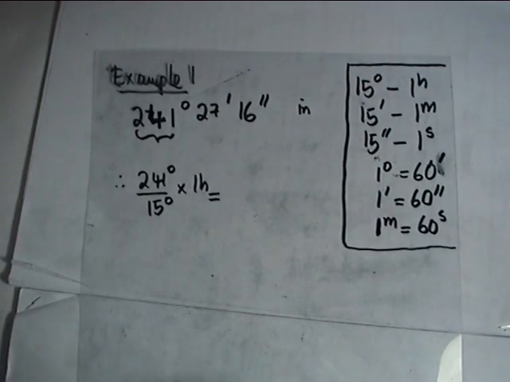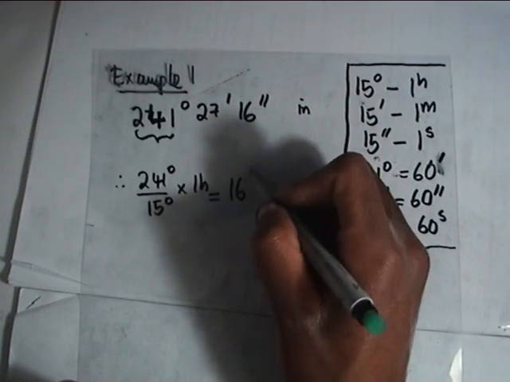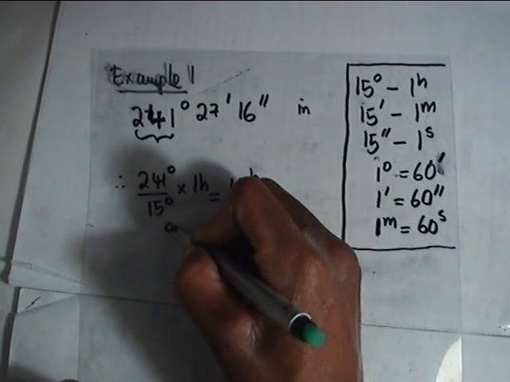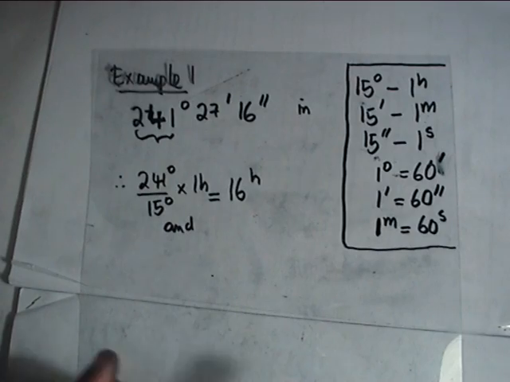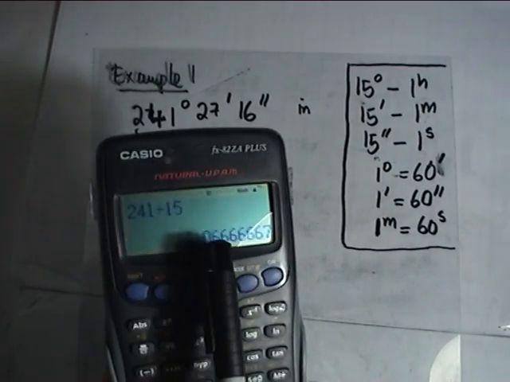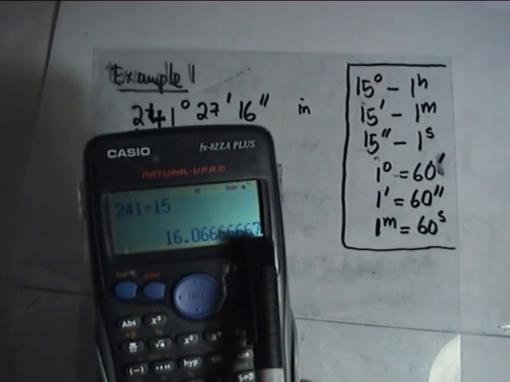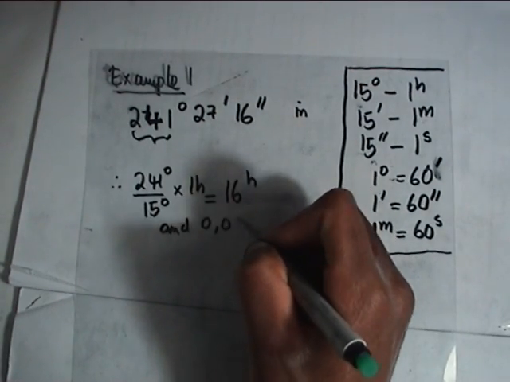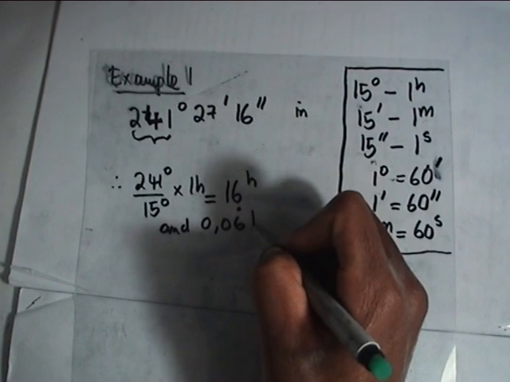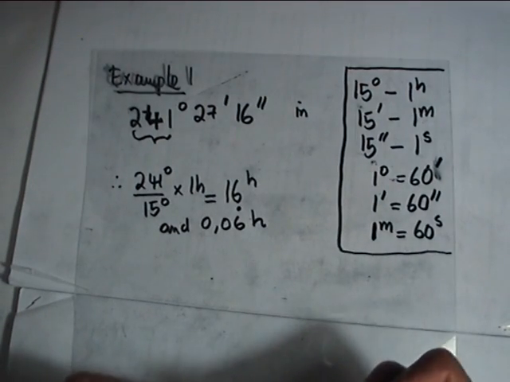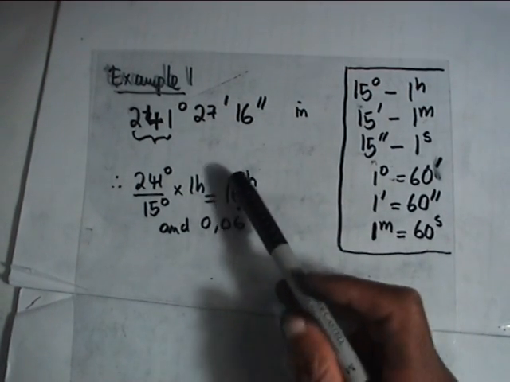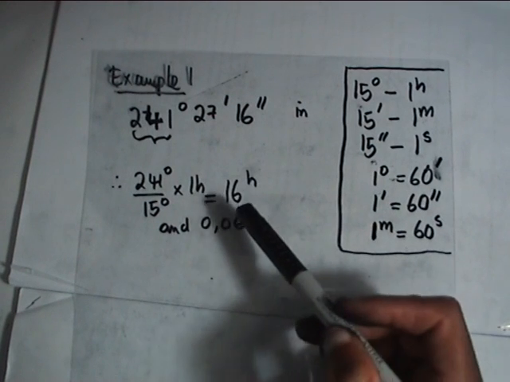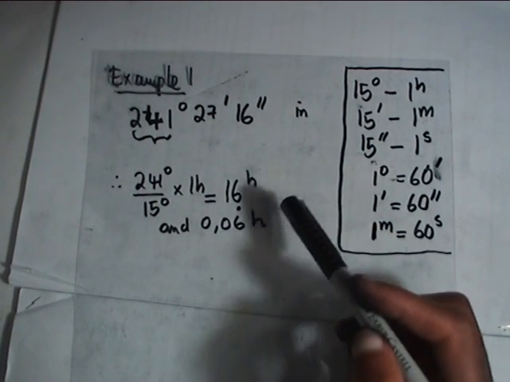The decimal of an hour is 0.0666 recurring. So there are 16 full hours and 0.0666 recurring of an hour.